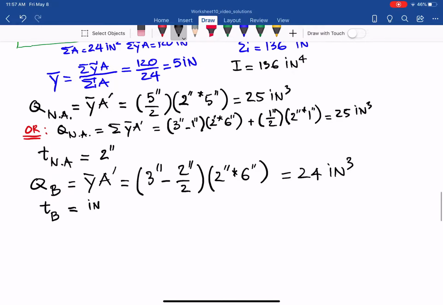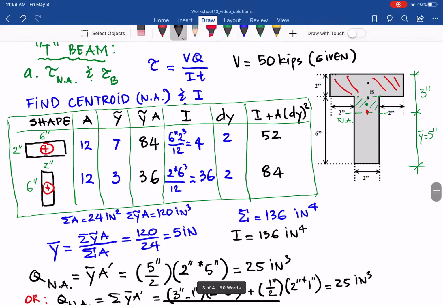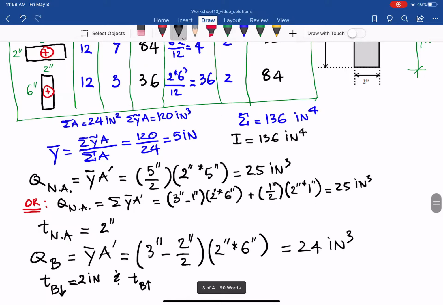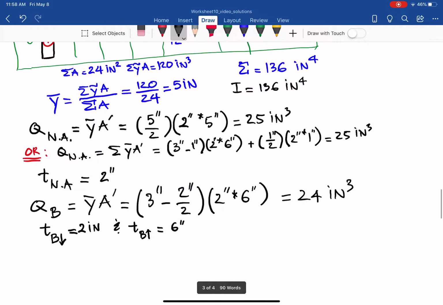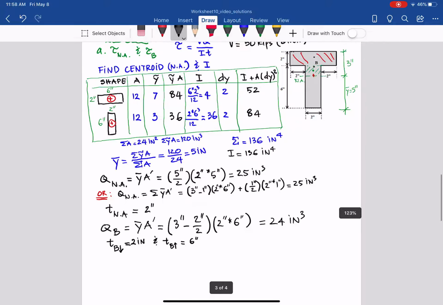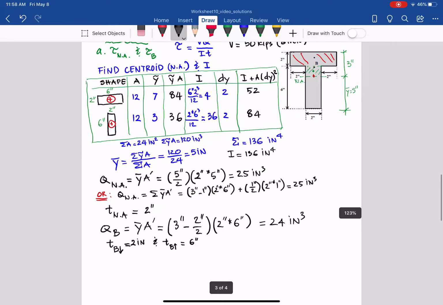If it goes down, B down, it's 2 inches, as you can see. And tB, if we're talking about B just up, it belongs to the flange, then t equals 6 inches. If it belongs to the web, it will be 2 inches, because that is the intersection.